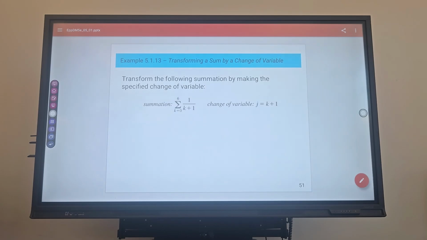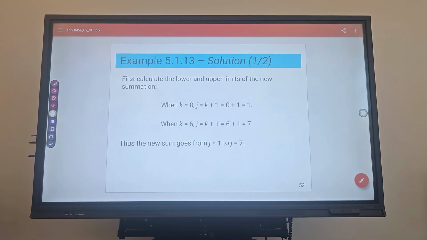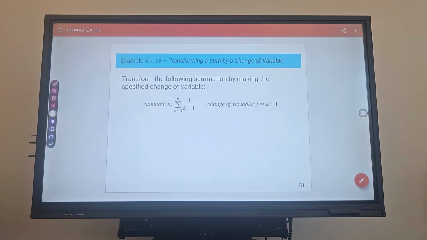And then k would be equal to j minus 1, right? J equals k plus 1, so your starting index would be 1, and your ending index would be 7.